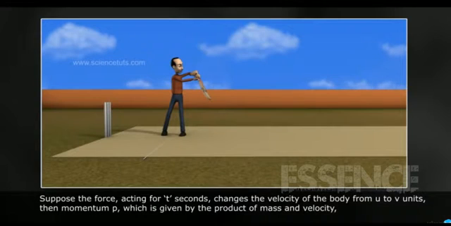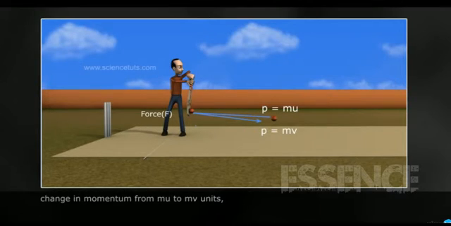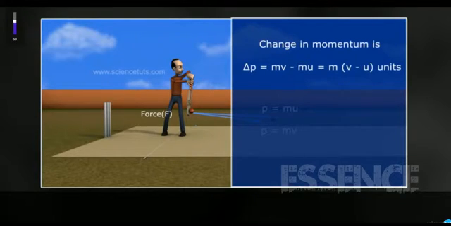Suppose the force, acting for t seconds, changes the velocity of the body from u to v units. Then momentum p, which is given by the product of mass and velocity, changes from mu to mv units, so that the change in momentum Δp = mv − mu = m(v − u).